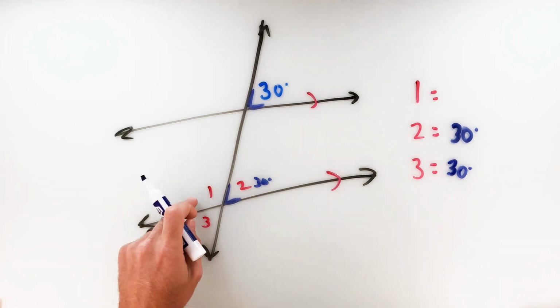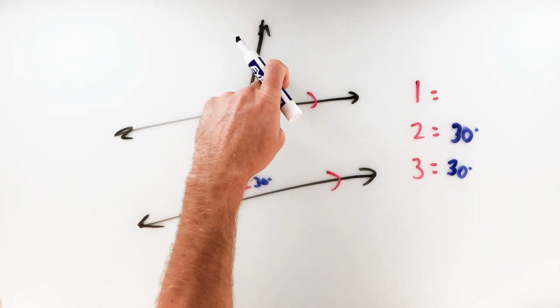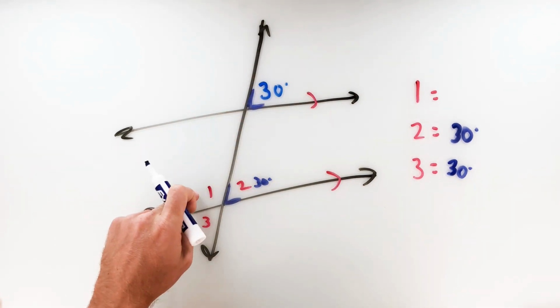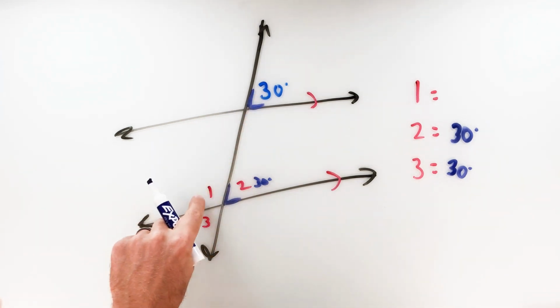Okay, last one, angle 1. Can I pair it with the 30-degree angle? Think about that for a second. Would angle 1 and the 30-degree angle be one of those 5 angle pairs? In this case, the answer is no. The 30-degree angle doesn't correspond with angle 1.